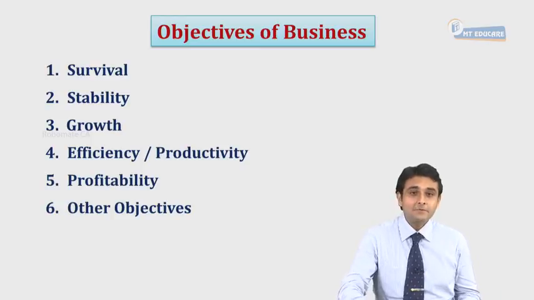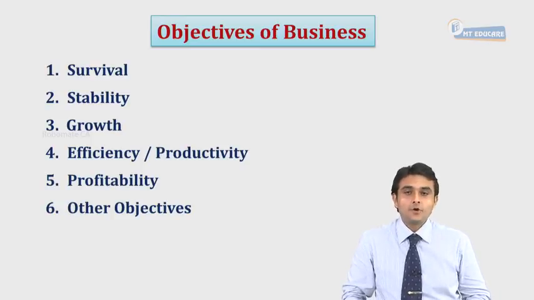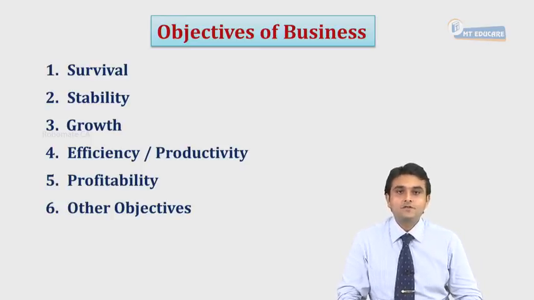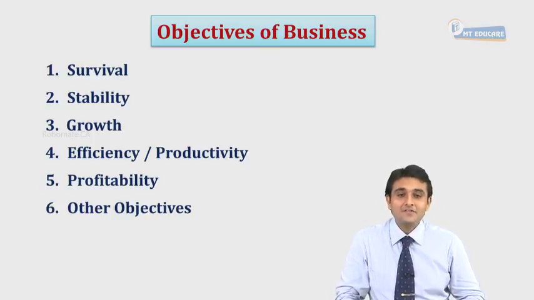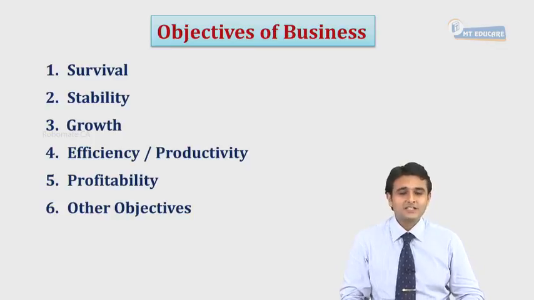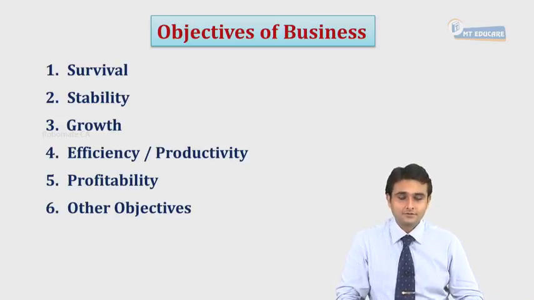So one nice example that we can take here in the point efficiency is that of Dabbawalas. The Dabbawalas in Mumbai have a 6 Sigma rating. Now 6 Sigma is basically a rating that is given to businesses which are highly efficient.